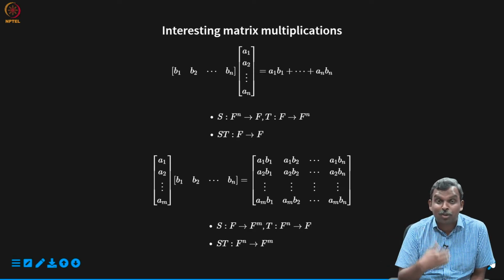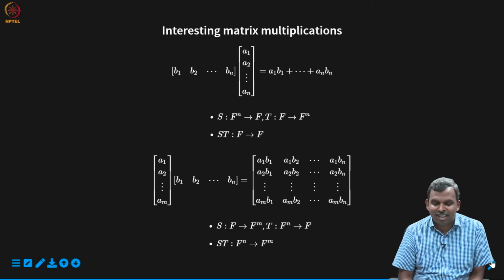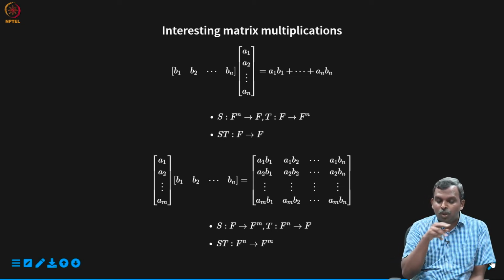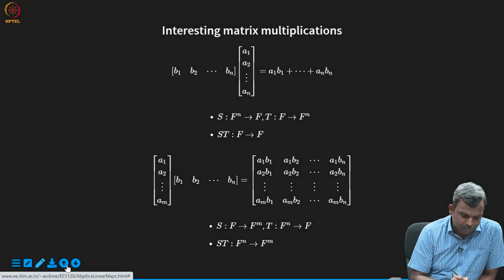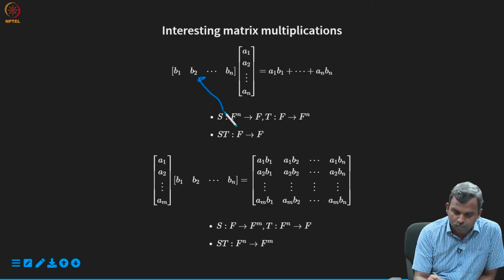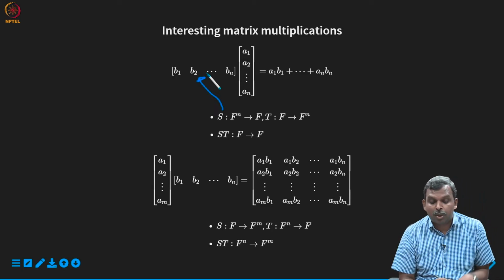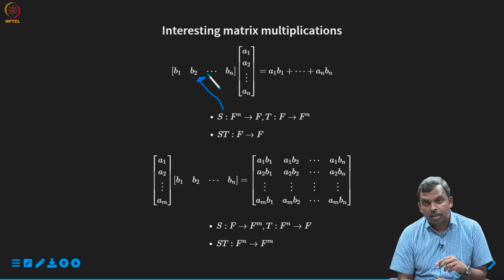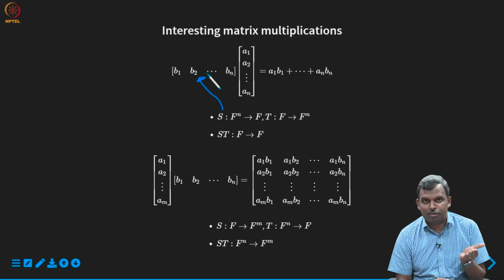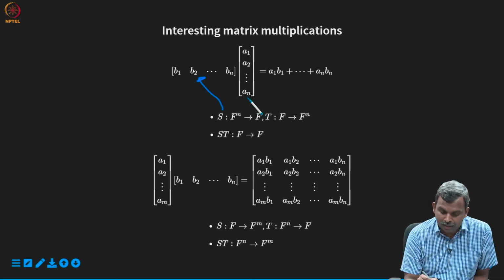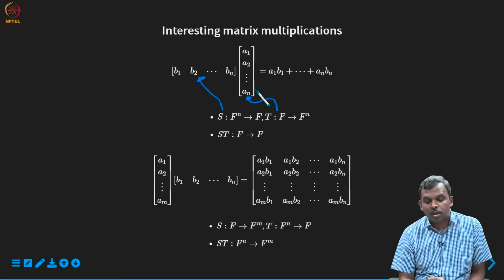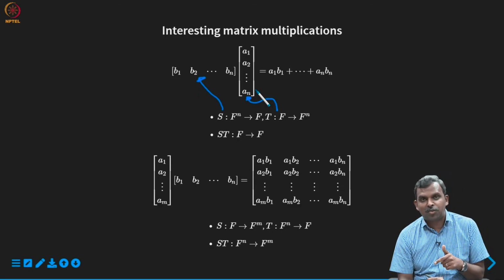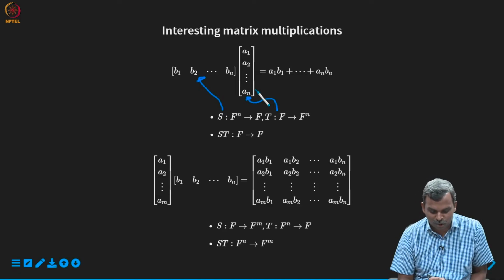Now if you think in terms of the composition of linear maps, this is S, this row matrix b1, b2 to bn actually corresponds to a transformation from Fn to F. Now this one is a transformation from F to Fn. So overall, when you do the composition ST, it becomes a transformation from F to F. That's one way to view it.